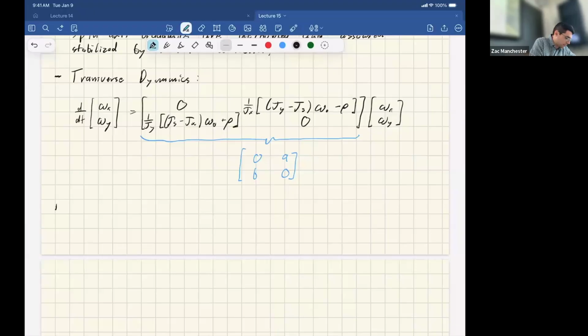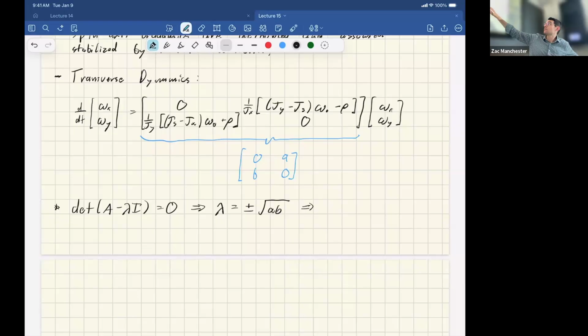And here, what it's going to look like is, this is the definition of eigenvalues. And if I stare at this for a second, these are going to be plus or minus the square root of A times B. So there's two things that can happen here.